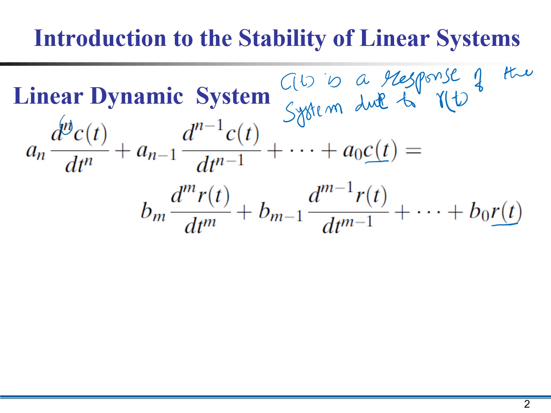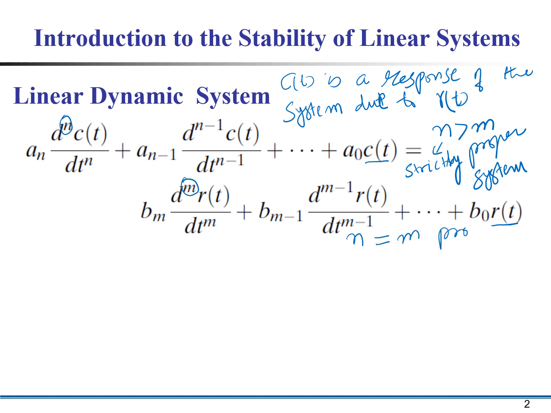Here n is an integer, m is also an integer, and for a strictly proper system we say that n should be greater than m, and if this happens we say the system is a strictly proper system. On the other hand, if n is equal to m, we say the system is proper, but it is not a strictly proper system.